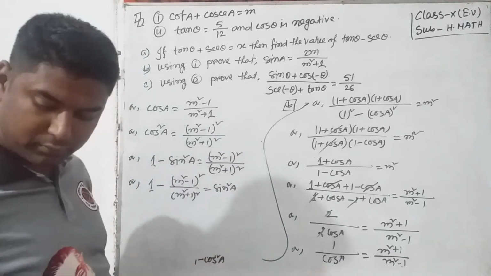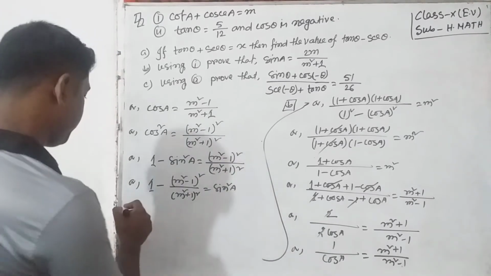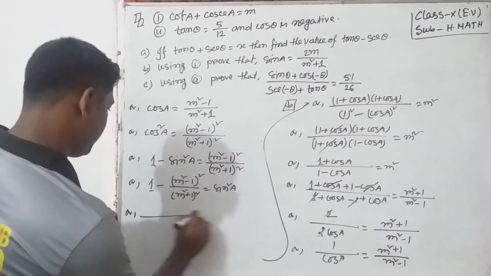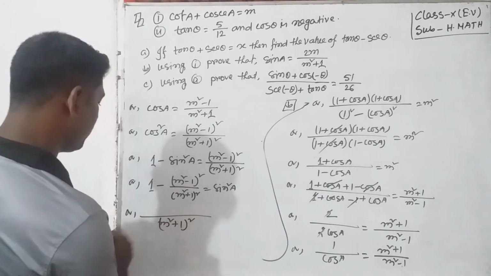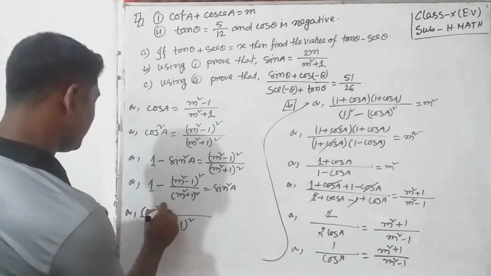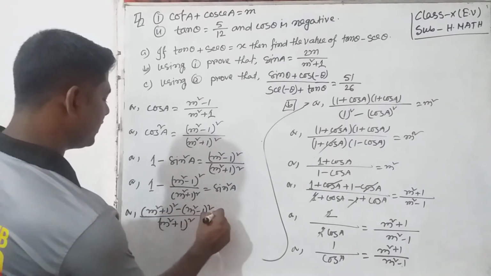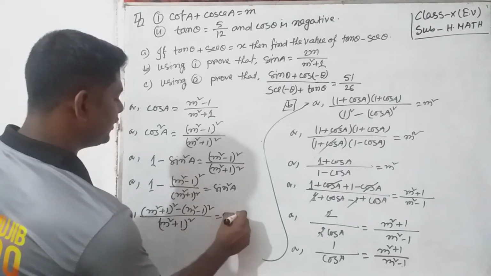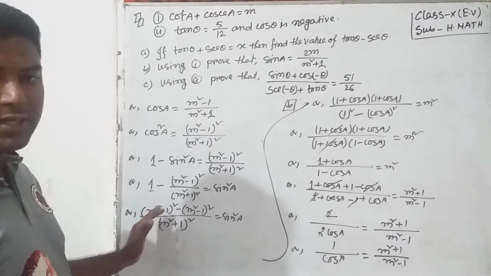Okay, or we can write m square plus 1 whole square minus m square minus 1 whole square over m square plus 1 whole square equal sin square A. Now you look, it is another algebraic formula.